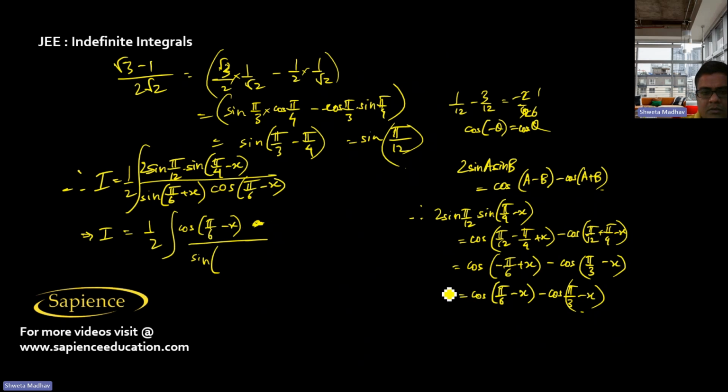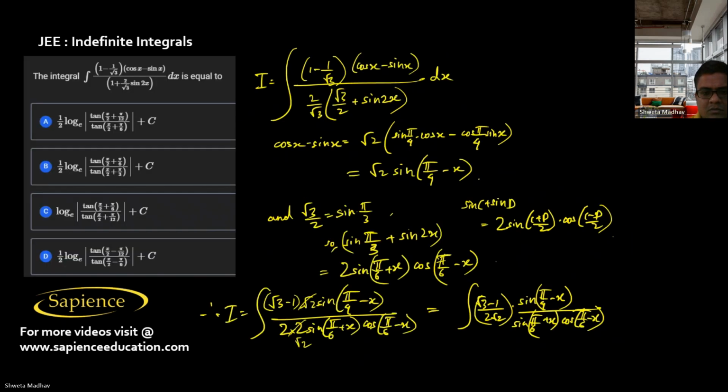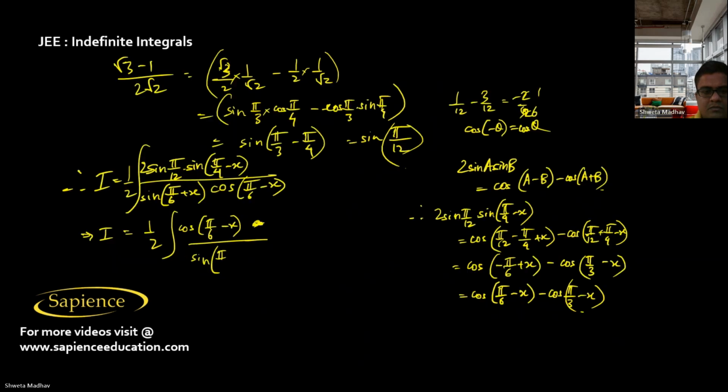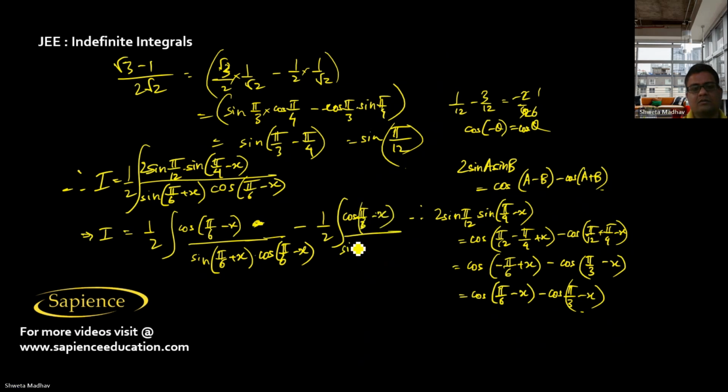So it is half cos of pi by 6 minus x by sine pi by 6 plus x into cos pi by 6 minus x, then minus half of cos of pi by 3 minus x by sine pi by 6 plus x into cos pi by 6 minus x, dx.